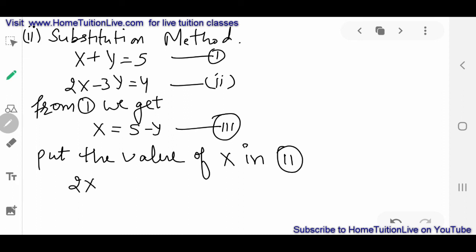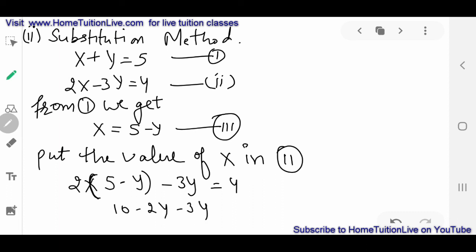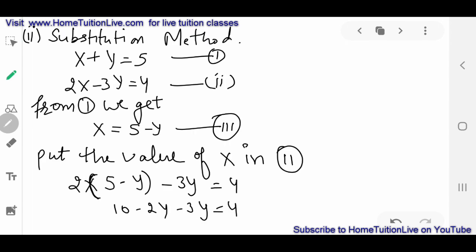So 2 into (5 minus y) minus 3y is equal to 4. 10 minus 2y minus 3y equals 4. So now 10 minus 5y equals 4.